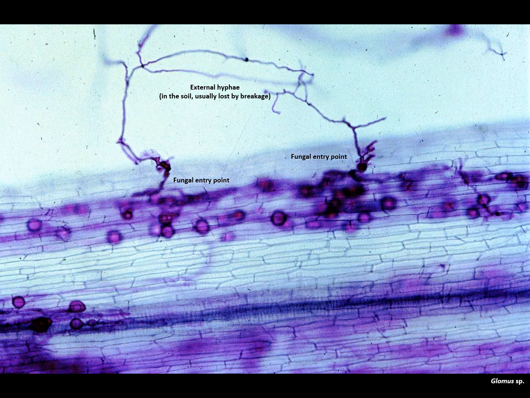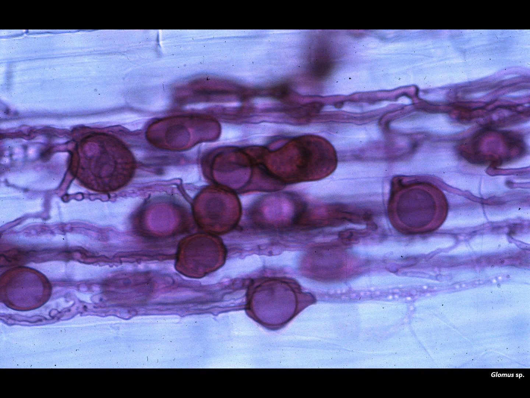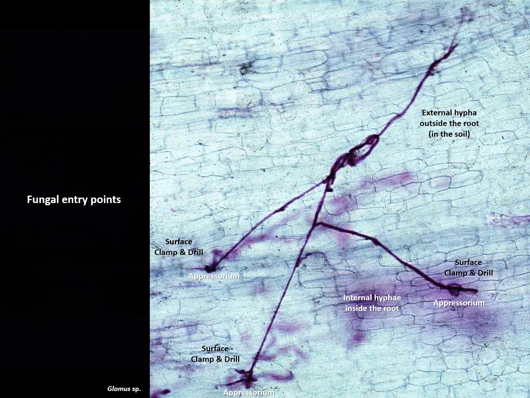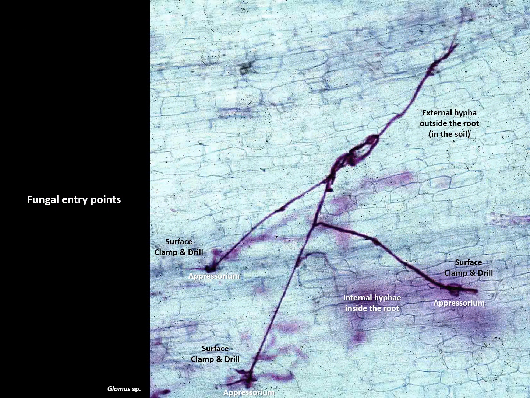This specimen has unusually retained some attached fragments of the external soil phase of the fungus, and we can see where it has entered the root in two places. The globular structures are oil-filled vesicles, a nutrient storage system. External hyphae enter the root by two methods. Mostly they clamp onto the outer surface of the root, cementing themselves in place by a pad known as an appressorium.